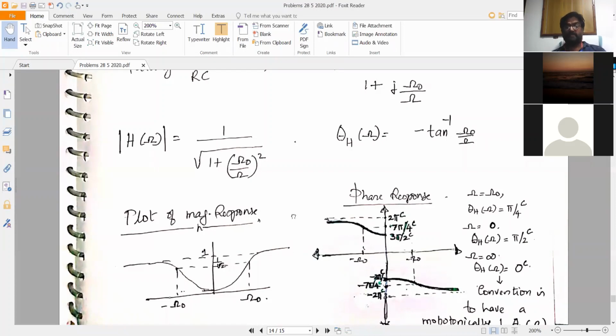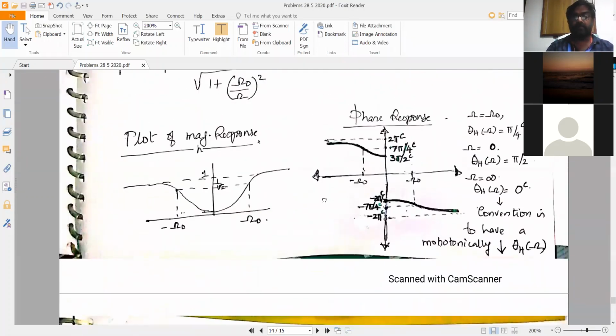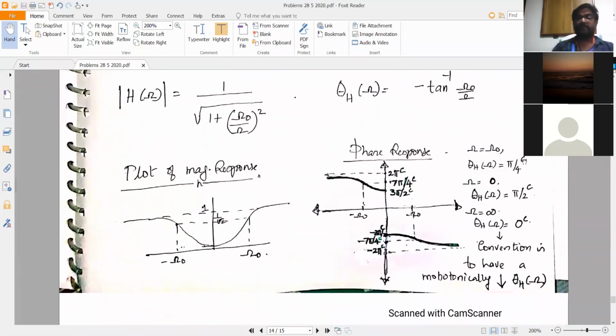And to plot the phase response, you have to note that there is a convention that is commonly followed. We have a monotonically decreasing phase response. That is the conventional phase response that is usually drawn.